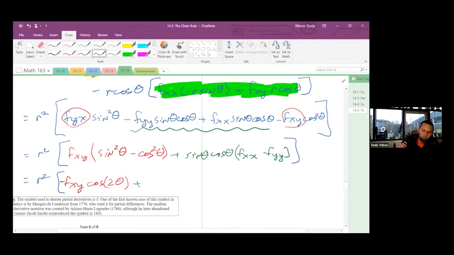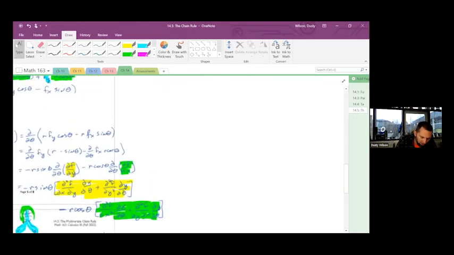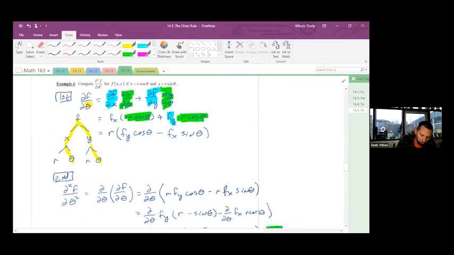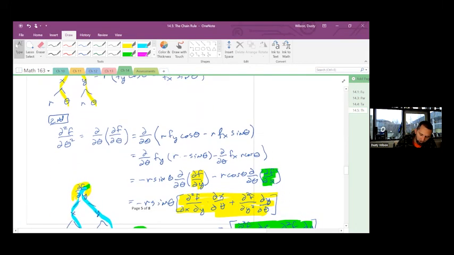Plus sine theta cosine theta times 2 would be sine of 2 theta, so this is 1/2 sine of 2 theta times fxx minus fyy. We go back to the beginning, make it a little bit bigger. So we first found our first partial, and we found our second partial.